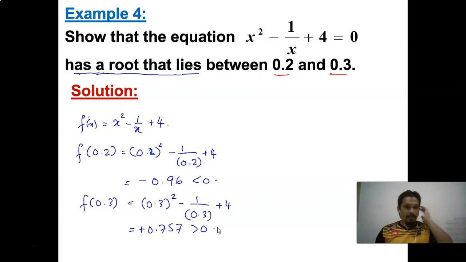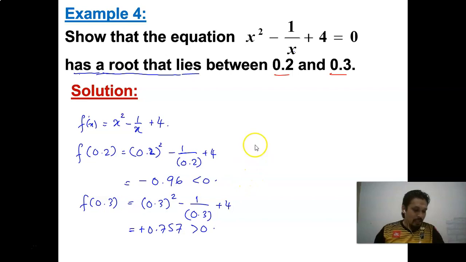Now class, as I mentioned just now, if we substitute these two values into the function f(x), and it gives us one negative value and another positive value, the sign changes from negative to positive or from positive to negative, either one.